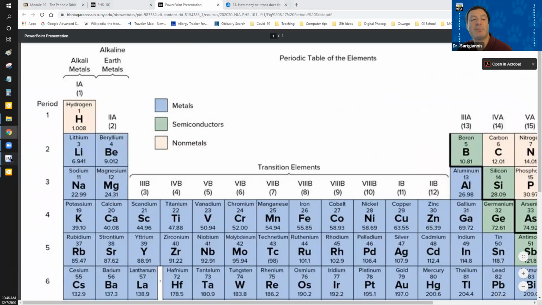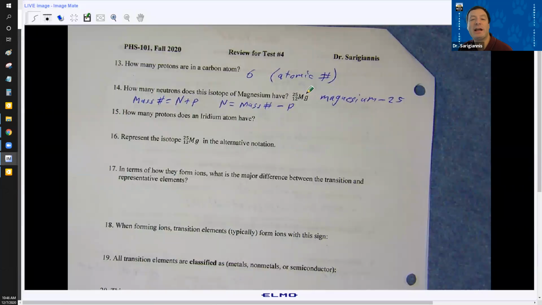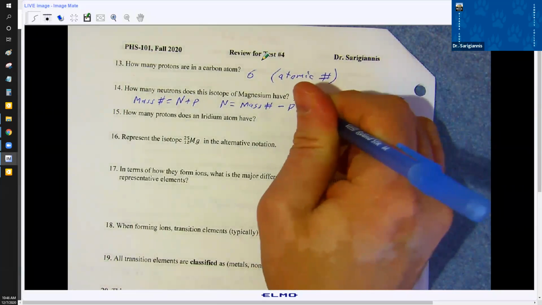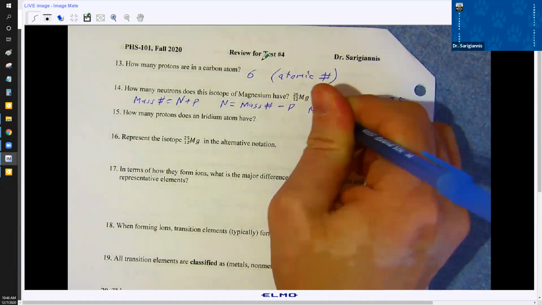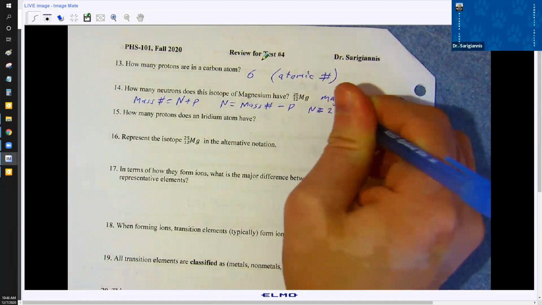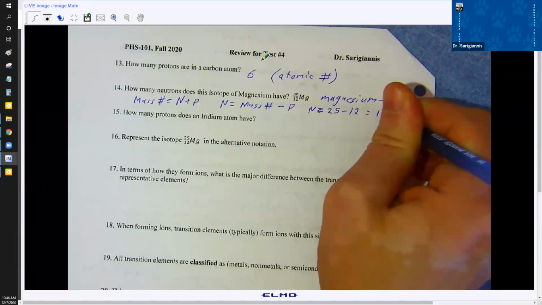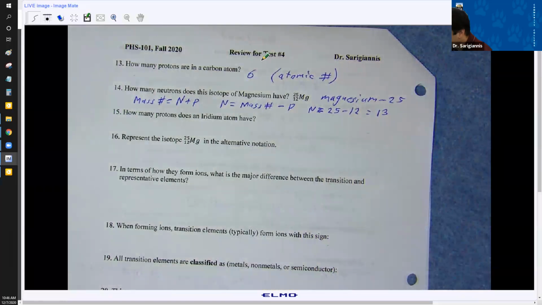And this particular mass number is given as 25 right here. So the number of neutrons is just the mass number, 25 minus 12, and that gives you 13. So that's where the 13 comes from.